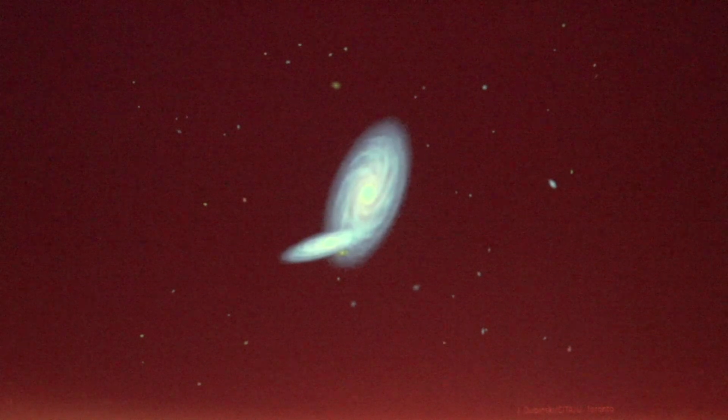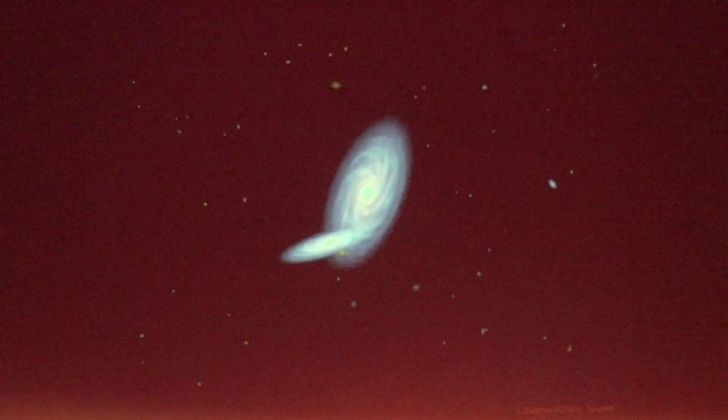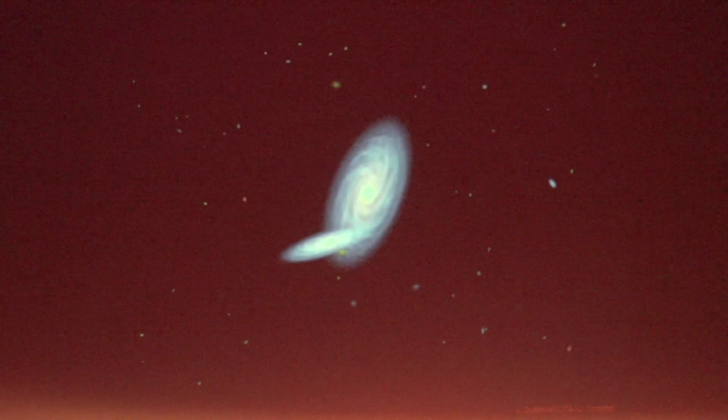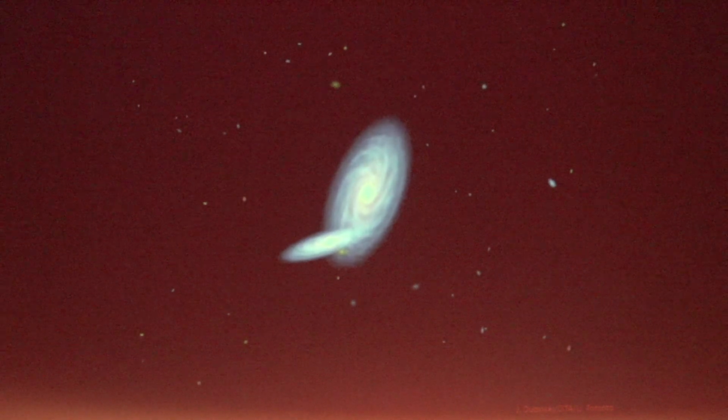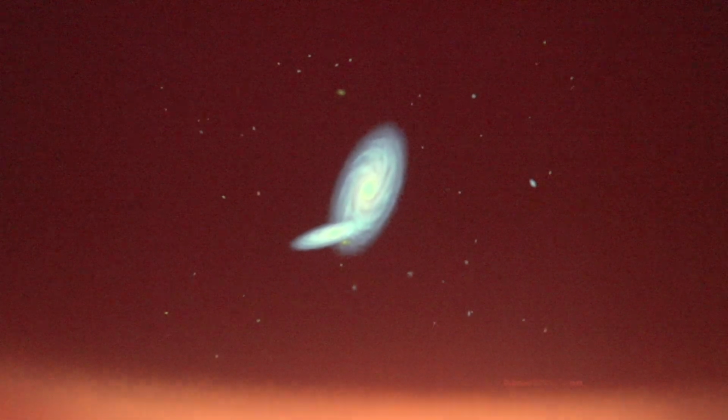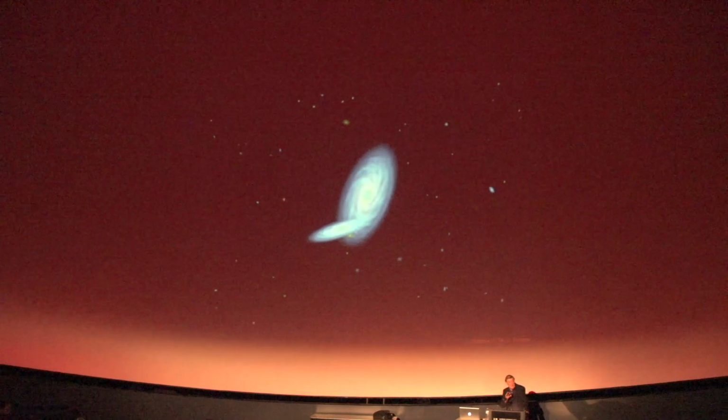So this, we believe, is the best representation we can offer right now as to how large-scale structure has formed in the universe. Interesting stuff.